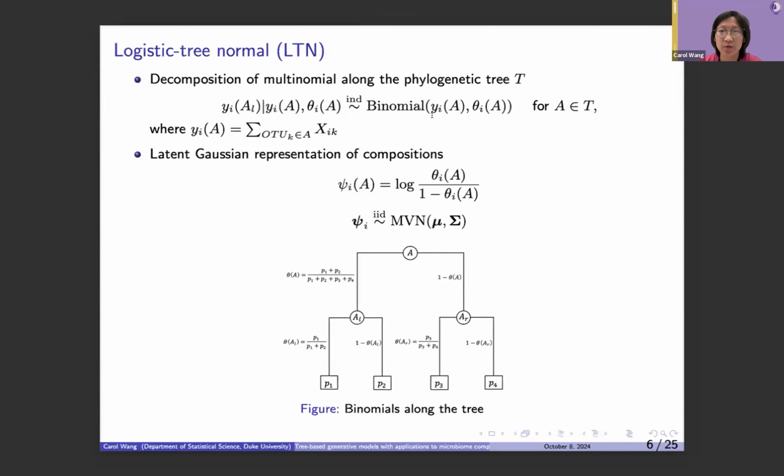So I'm going to introduce two classes of models we have built. The first one is a single tree model utilizing the phylogenetic tree that is called the logistic normal model.